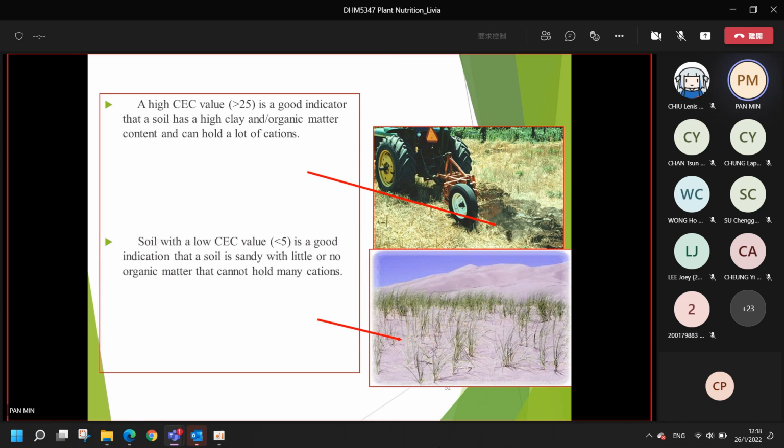and furthermore you can predict the nutrient levels in the soil and the plants. So from the CEC level, you can know which type of soil or which type of plant is more suitable to be cultivated in this soil.